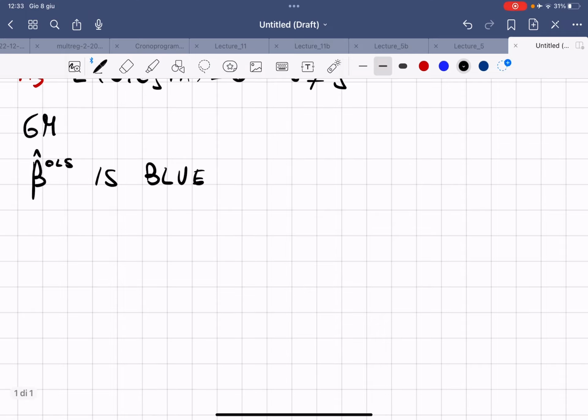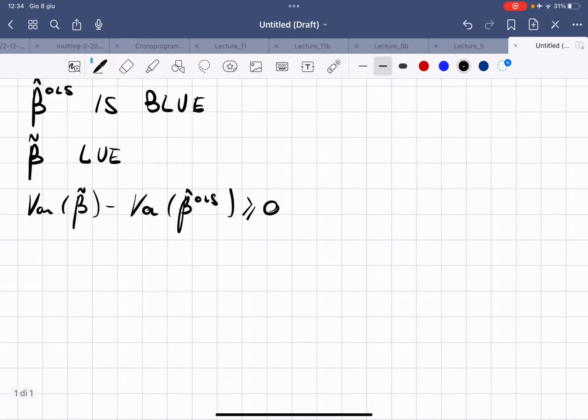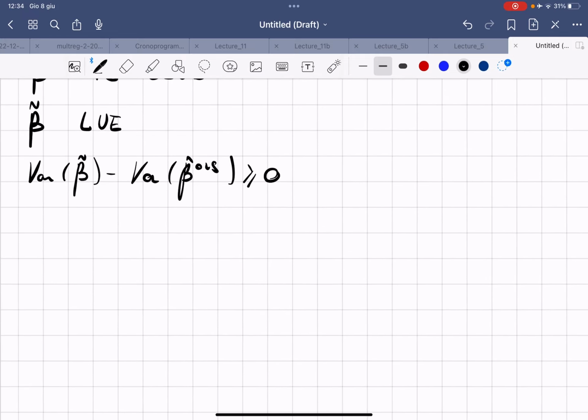That is, if there exists another estimator, we call it beta tilde, that is linear and unbiased, then the variance of beta tilde is larger than the variance of beta OLS. So the variance of beta tilde minus the variance of beta OLS is larger or equal to 0. Now, we shall prove this.